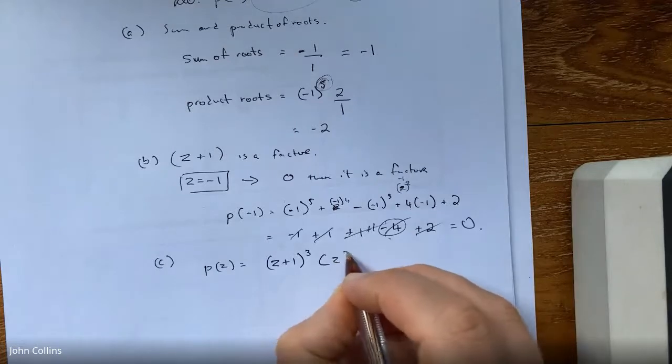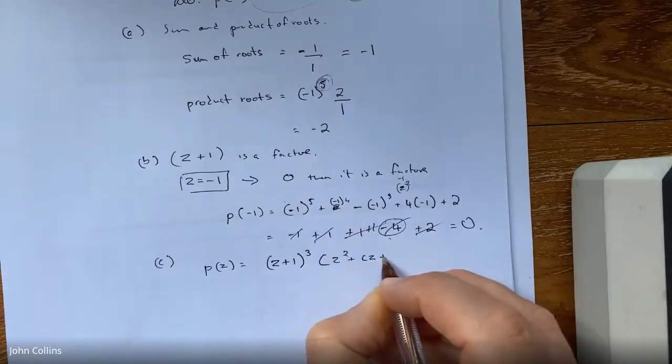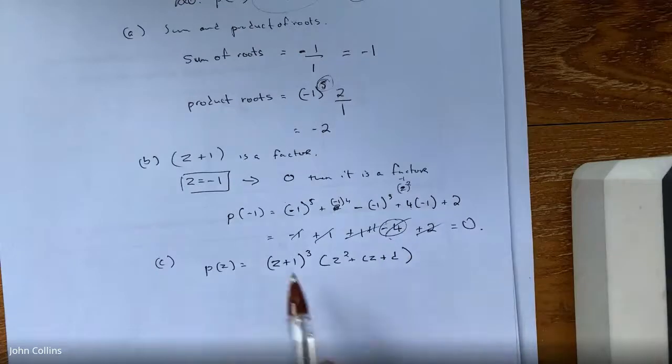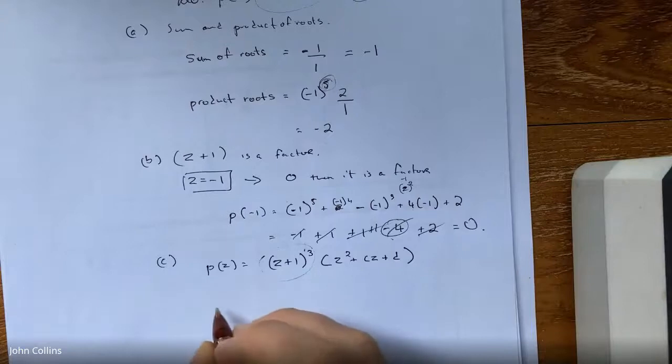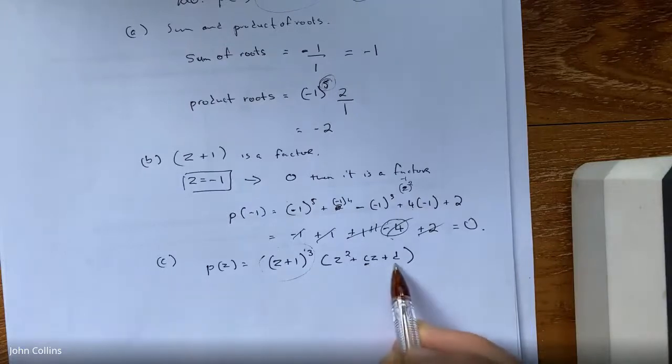Z plus 1 cubed, z squared plus cz plus d. So it can be written like this, with a repeated root here. So they want you then to find what c and what d would be in this situation.